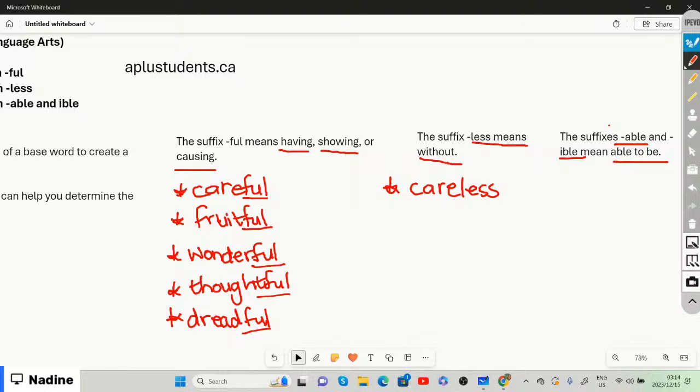We said that the suffix less means without. Endless is without end, it goes on and on and on. When you are helpless, it's when you're unable to help oneself.